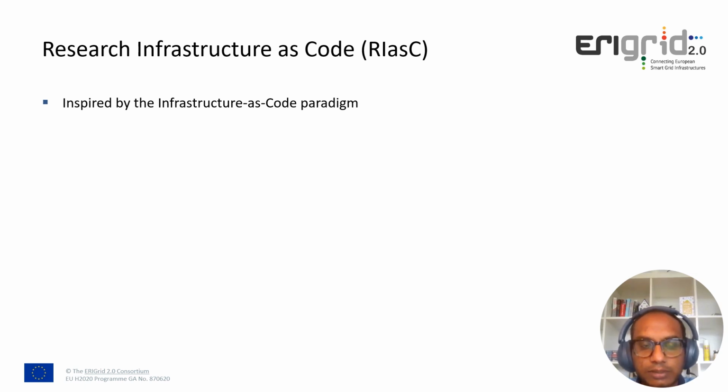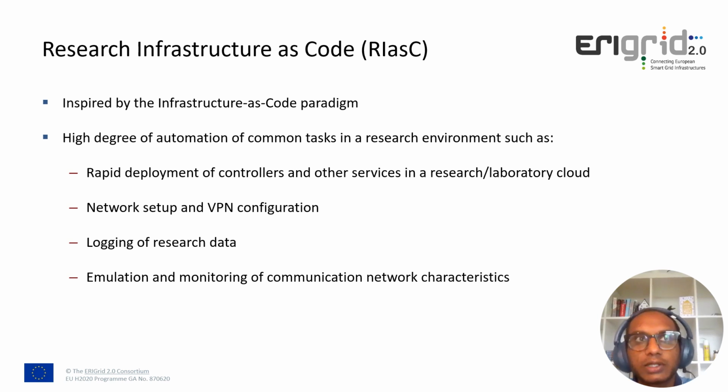What this concept seeks to achieve is to be able to interconnect labs in a much quicker fashion and provide a high degree of automation for some of the most common tasks, such as setting up networks and VPNs, and to be able to log research data and, for example, monitor networks. So that's what research infrastructure as code, or RIASC, does.